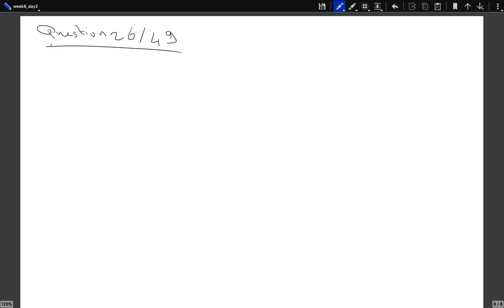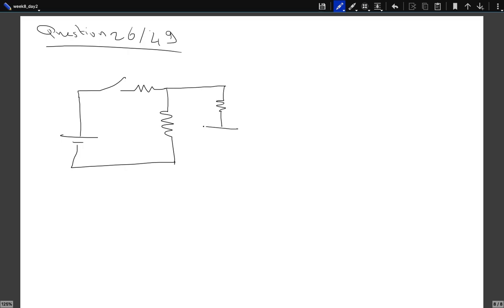Let's look at question 49. We have a battery. Then it's connected to a switch. Beyond the switch, there is a resistor. And there is another resistor. And parallel to that resistor, there is a resistor with a capacitor.